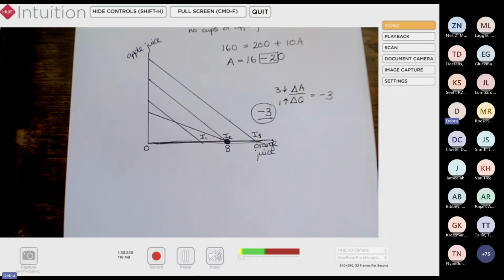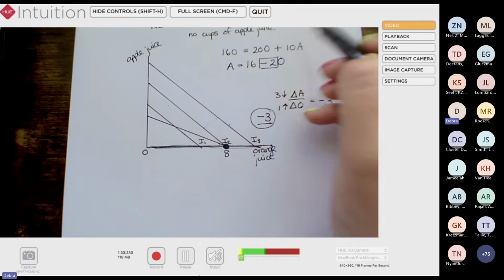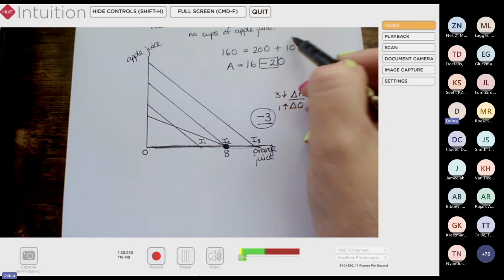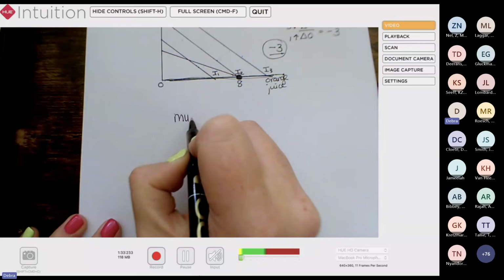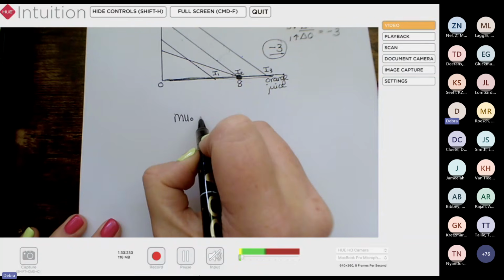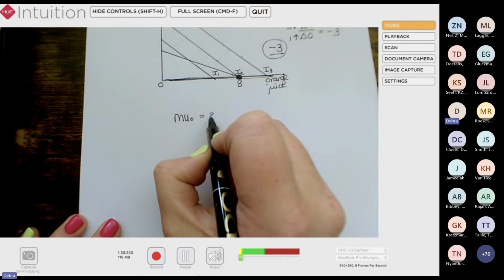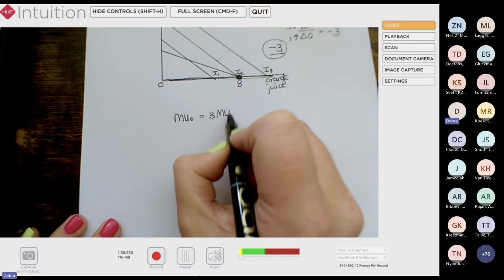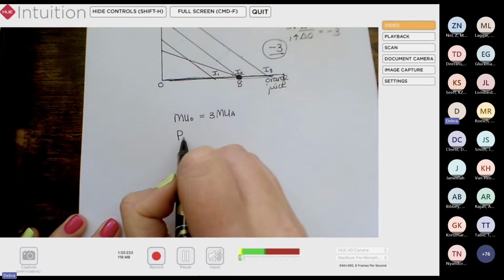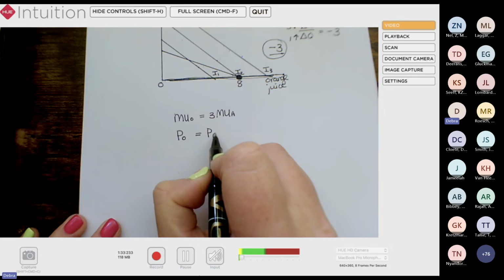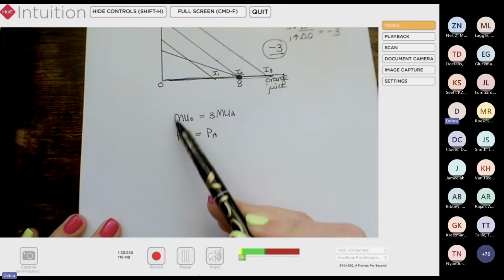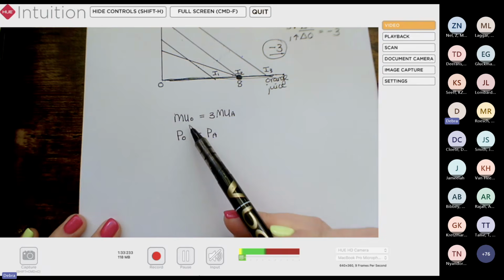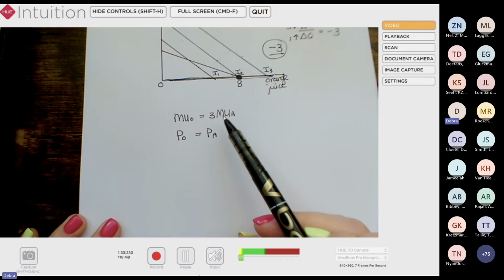His budget constraint would change. If the price of apple juice goes up to 20 Rand, his budget constraint will change, but the logic still remains. If his marginal utility from orange juice is still equal to 3 times the marginal utility of apple juice, and the price of an orange juice is now the same as the price of an apple juice, it means that if he wanted to replace his orange juice consumption with apple juice, it's now going to cost him 3 times more.